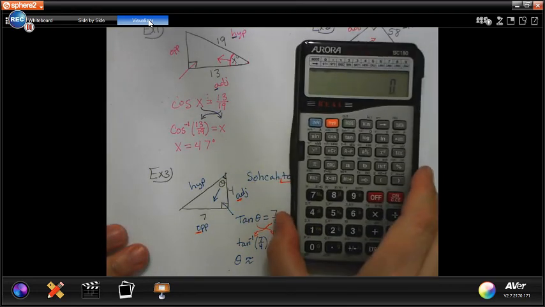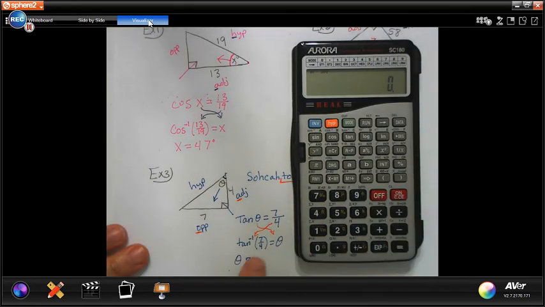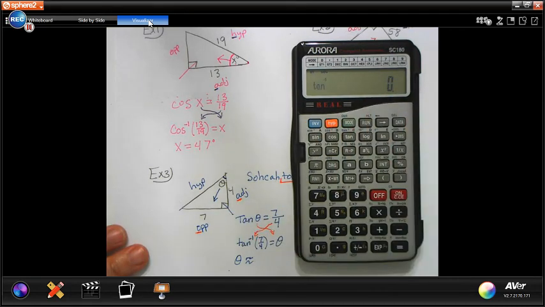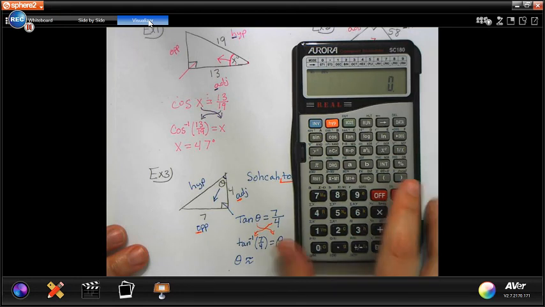Okay, so inverse tangent, or for those of you with the other kind of phone, you do 7 divided by 4 first and get that decimal, and then do inverse tangent. So inverse tangent, and then my fraction goes in parentheses, 7 divided by 4. I messed up somewhere, something happened.